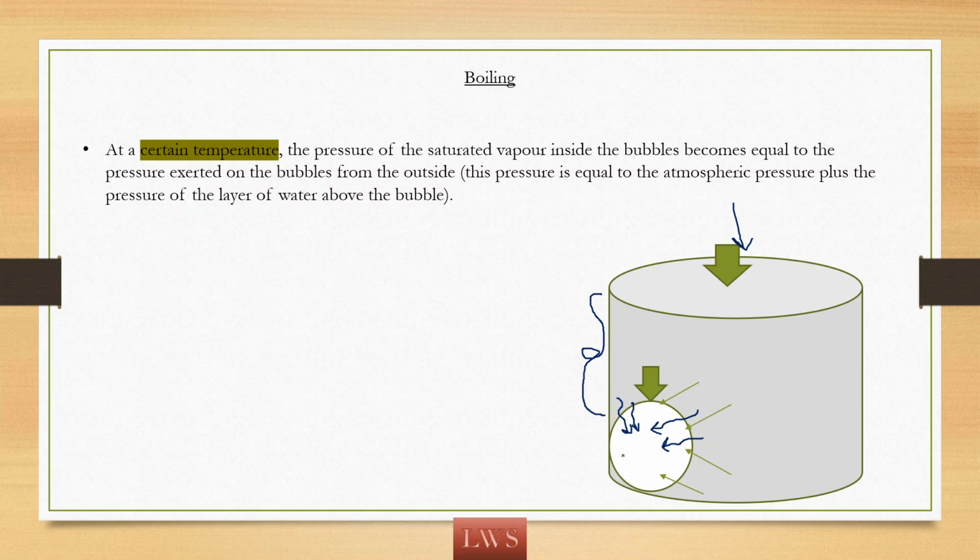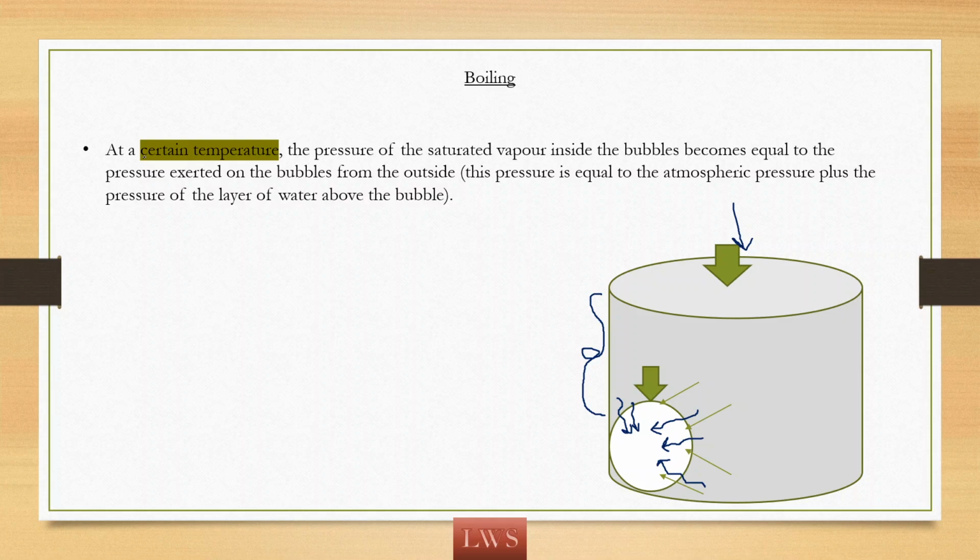Inside the bubble, there is pressure due to the saturated vapor, and outside the bubble there is pressure due to the atmosphere as well as this layer of water above this bubble. Slowly, as the temperature is rising, saturated vapor in the bubble increases, as does the pressure inside the bubble.